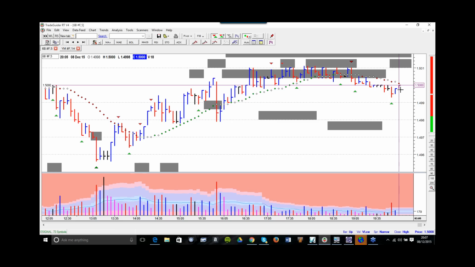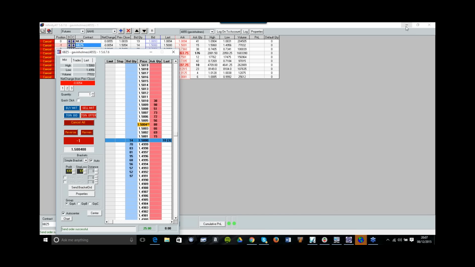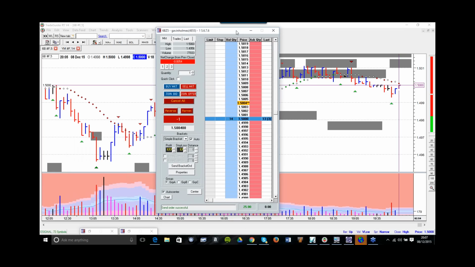So I'm going to watch this very closely. I'm trading this particular contract on my futures account, and I'm only trading one lot because we're still testing a lot of this stuff. But one of the things I want to show you is if this is confirmed, we will have a trade.